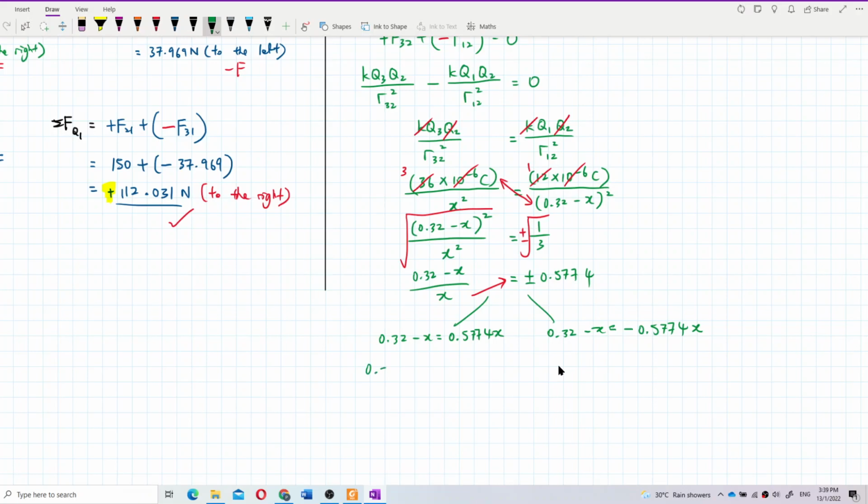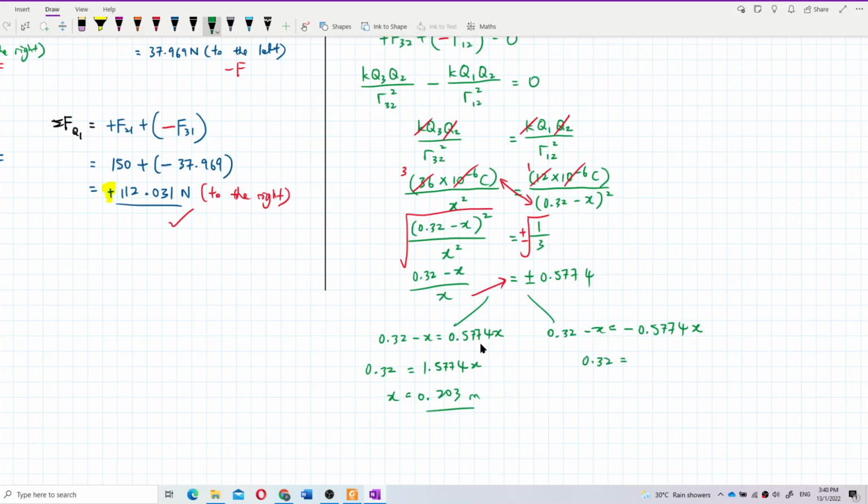This one 0.32, and then this one minus this one becomes 1.5774x, and then x equals 0.32 divided by 1.5774, and I get x is 0.203 meter.